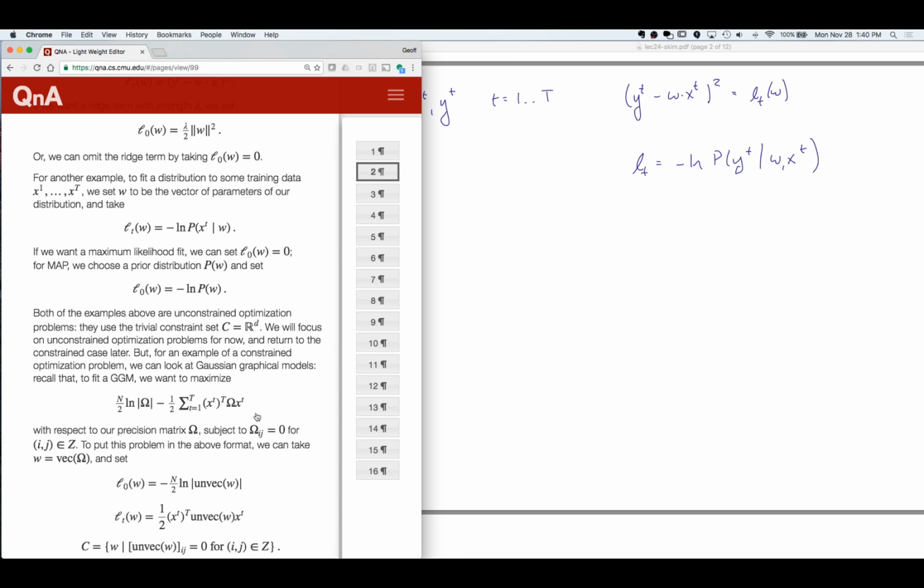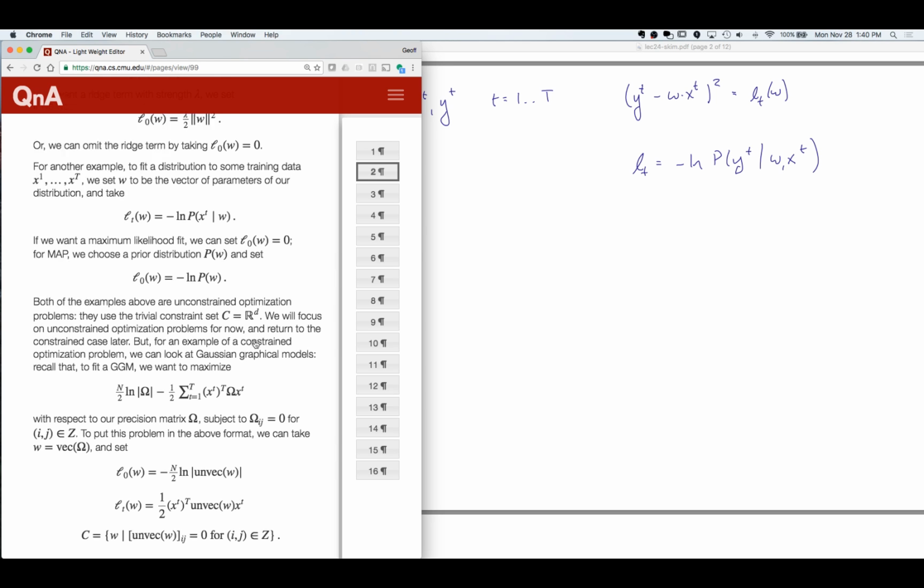All right, so going back to Gaussian graphical models, we wanted to do a constrained optimization. We wanted to maximize this subject to constraining some of the entries of our precision matrix to be 0. So we can do that either by leaving those entries as 0 and not considering them as optimization variables, or we can have all of them as optimization variables but try and enforce constraints that say that omega ij equals 0 for ij in some set Z that are the coordinates that are supposed to be 0.